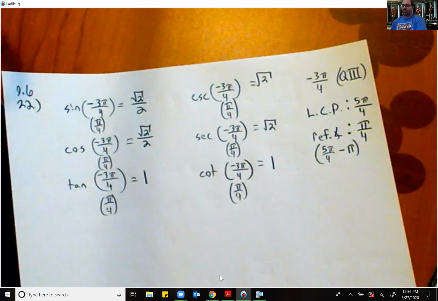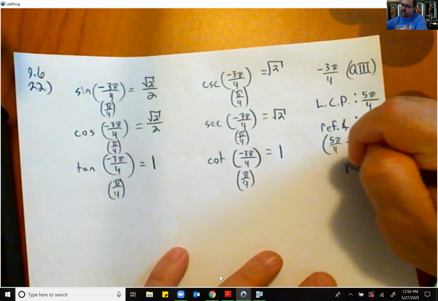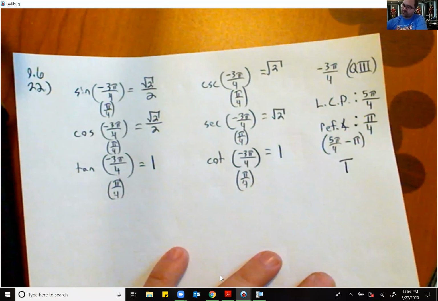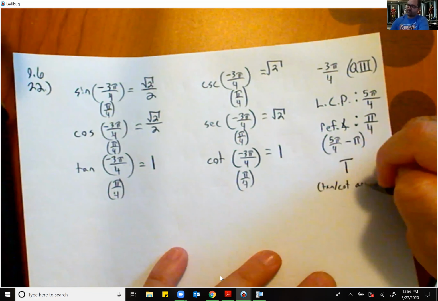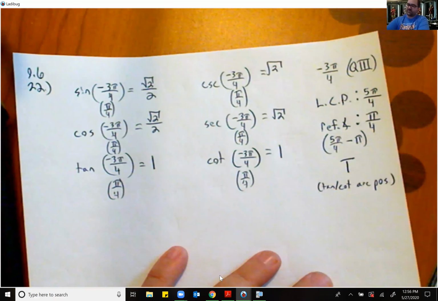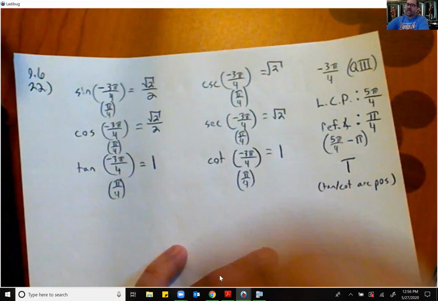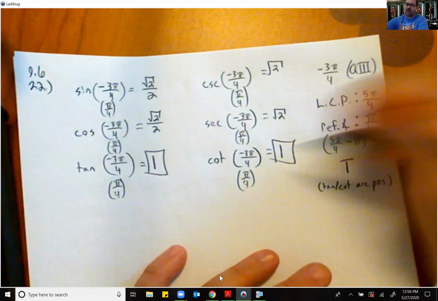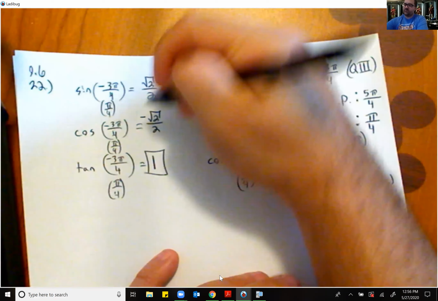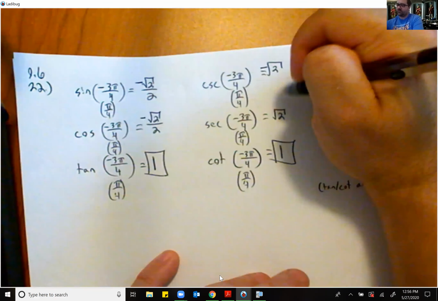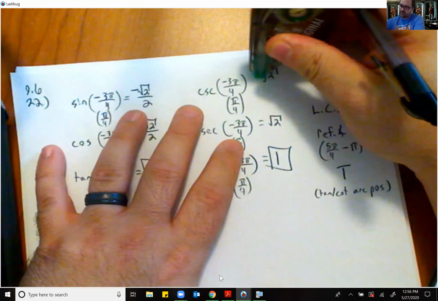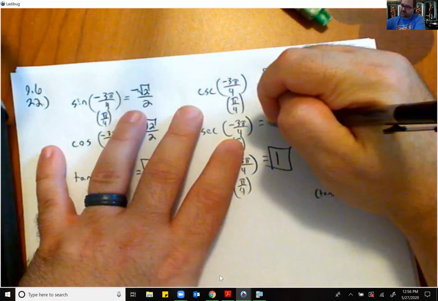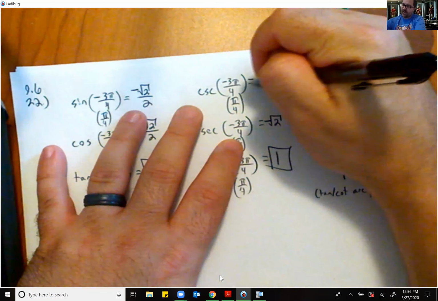Since we are in quadrant 3, there is a T in that quadrant, which stands for tangent, and its reciprocal cotangent are positive. So these answers are good to go. Everybody else, tack on a negative to those answers. Some of this looks horrible. Let's fix this. So just tack on a negative to your answer. And you're done.